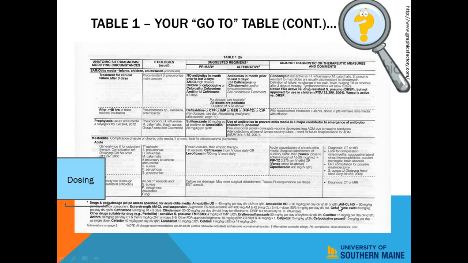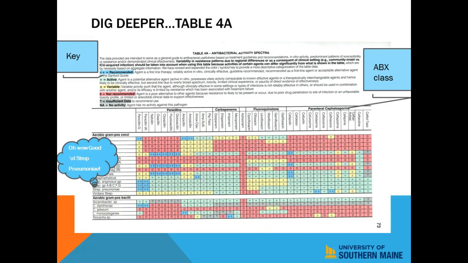Thus, my recommendation that you understand the table at the very beginning of the book, where there are abbreviations for the terms that now are considered not as helpful because they can lend to errors, those terms such as QD, BID, TID, and QID. But in a book like this, you are going to need to know those terms so that you understand how frequently the dose needs to be given. And in this case, they've given us our recommendations, so it's a lot easier. So every 12 or 8 hours.